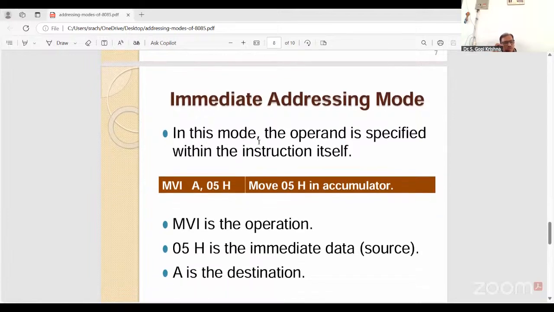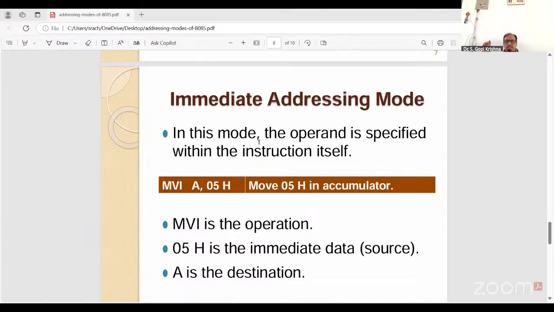Then the immediate addressing mode. Instructions like MVI A, 05: whatever data we send from the keyboard, such as 05, will be transferred to the accumulator, the B register, or any of the general registers. That type of instruction comes under immediate addressing mode.